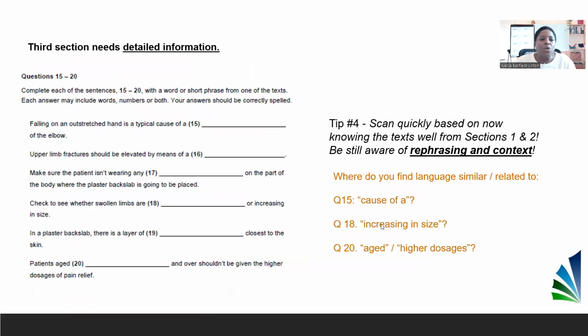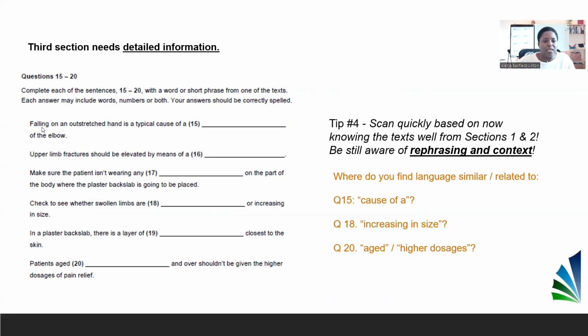So let's now look at the third section. Our next tip is pretty much the same, just an extension. Here again, you have to be aware of rephrasing as well as context. The layout of the last 5 or 6 questions is usually a little different.